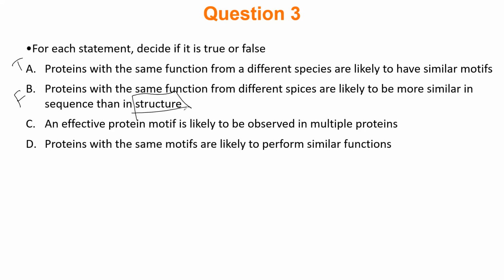Effective protein motifs are likely to be conserved in multiple proteins. True. That's basically what we were looking at on the other slide. If a motif is very good at doing its reaction, you're going to see it in multiple proteins. Either that motif was copied, or sometimes separate proteins will just naturally evolve the same motifs. And proteins with the same motifs are likely to perform similar functions. True. If you have a certain motif or domain, you're likely to do a certain reaction.